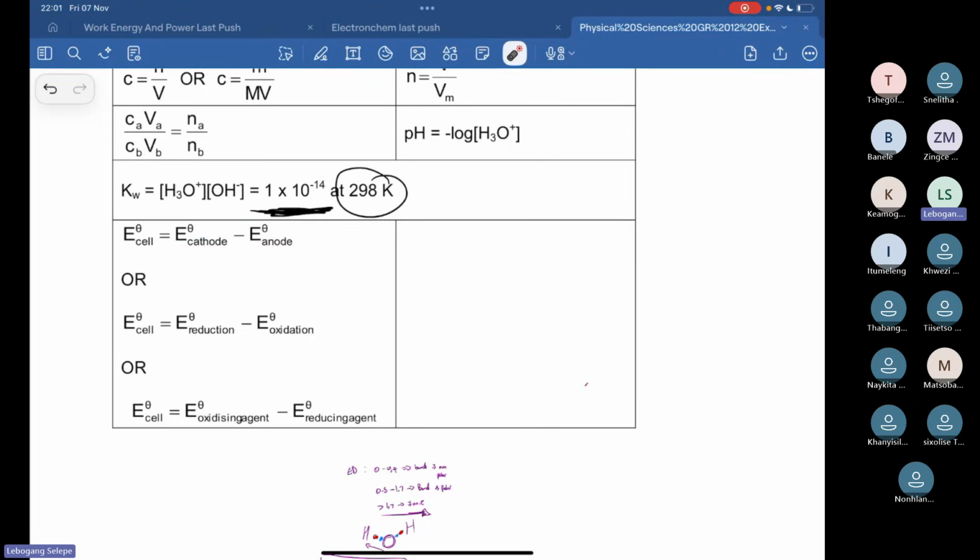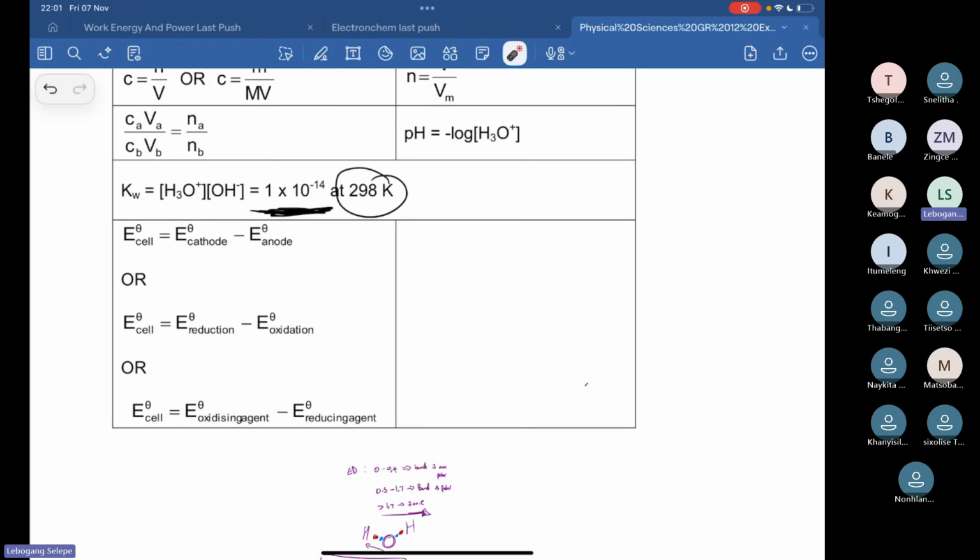Guys, here you can use this to cram. In a galvanic cell, at the cathode, reduction is taking place. At the anode, oxidation is taking place. Because they need to be corresponding, right?